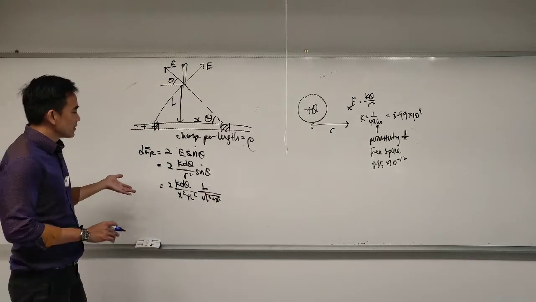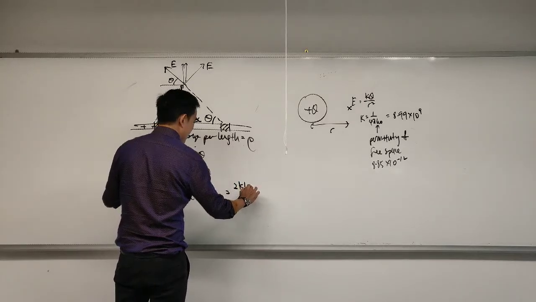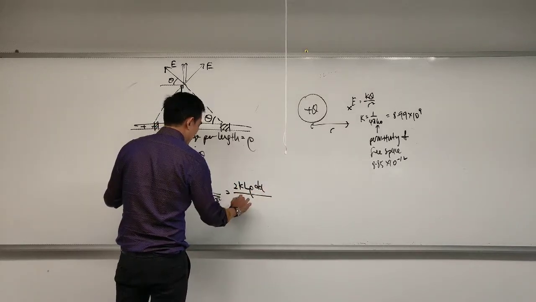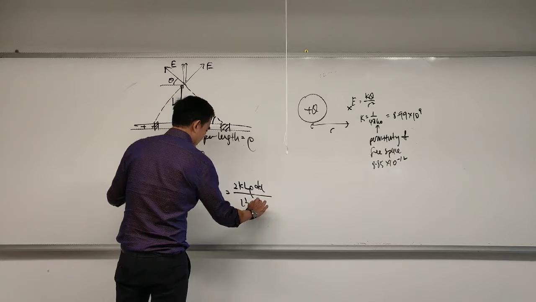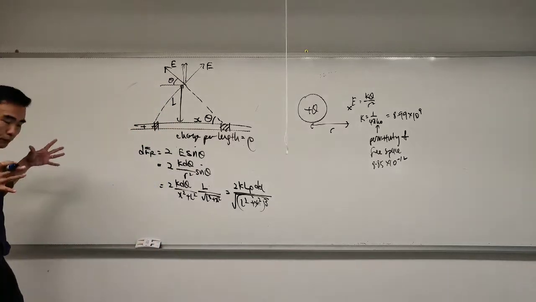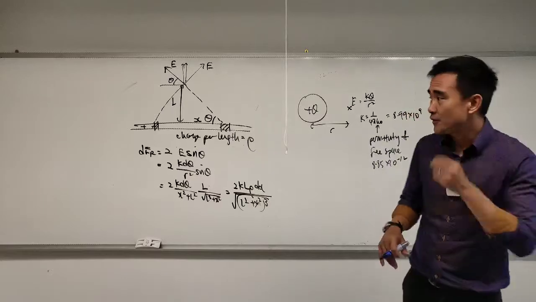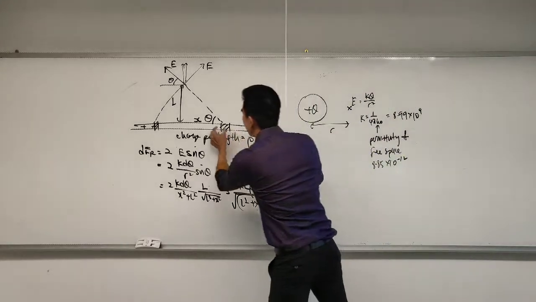And dq can be broken down into rho, the charge density, times the small length dx, giving 2k rho dx. So if you put everything together, it's going to take this form. That is the small E field due to these two small sections of the wire.